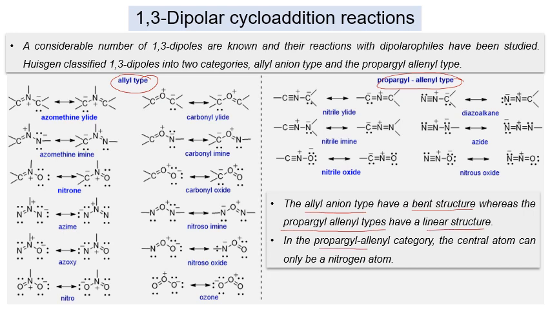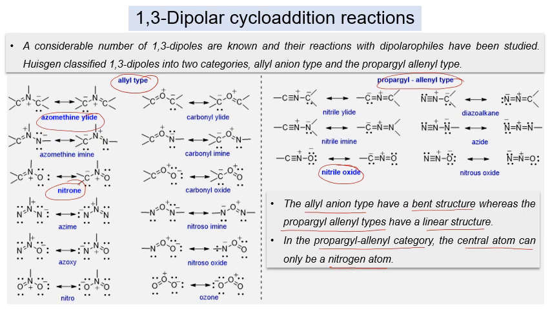In the propargyl allenyl category, the central atom can be only a nitrogen atom compulsorily. We are going to see today the reactions of nitrones, nitrile oxides and azomethine ylides.